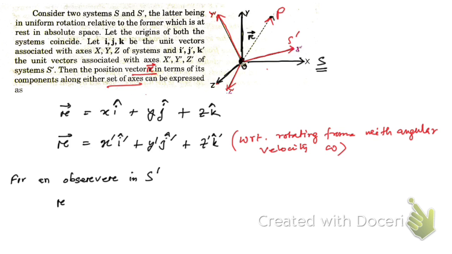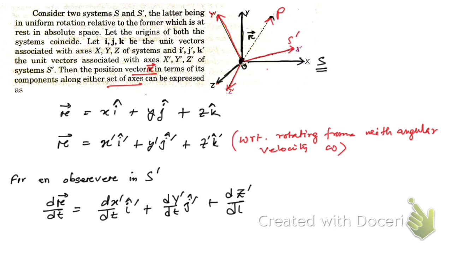The time derivative of r will be the time derivative of x dash i dash cap plus the time derivative of y dash j dash cap plus the time derivative of z dash k dash cap, right?